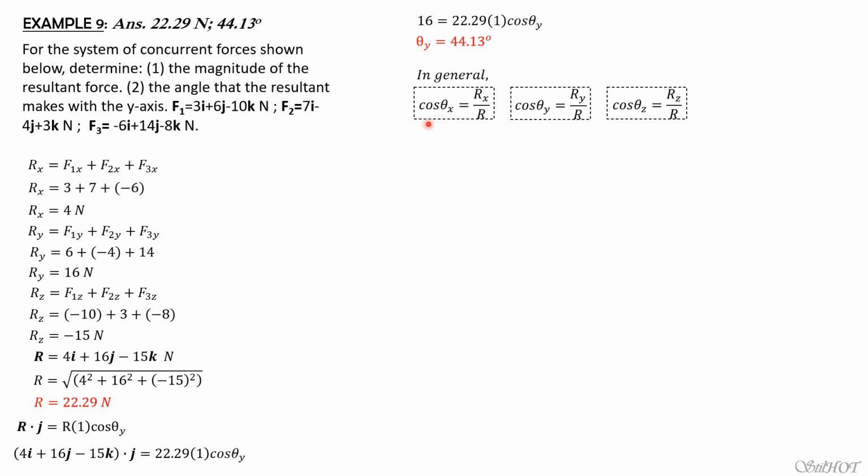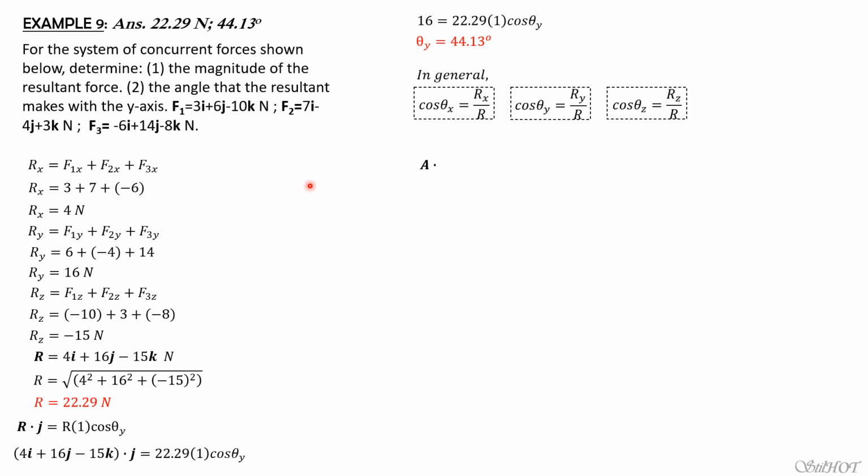Cosine of theta x is the x component of the resultant divided by the magnitude of the resultant. Cosine theta y, the y component of the resultant divided by the magnitude of the resultant. Cosine theta z is the z component of the resultant divided by the magnitude of the resultant.